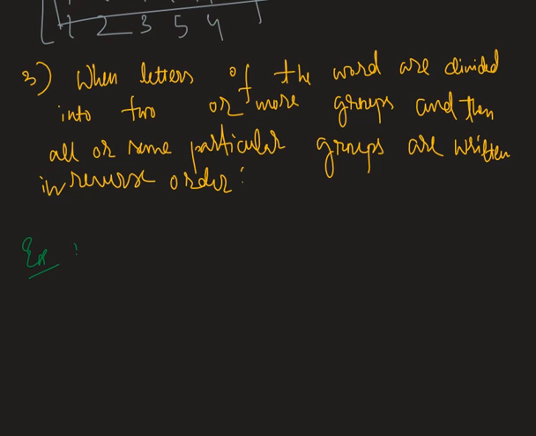Suppose in a certain code language the word SECTOR is written as ESCTOR. Then how will MOTHER be written in that code?